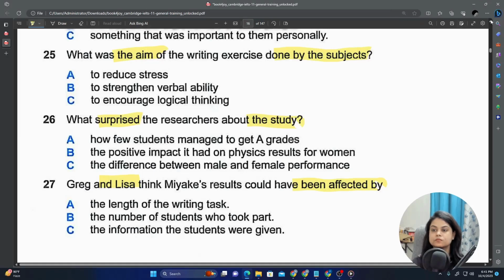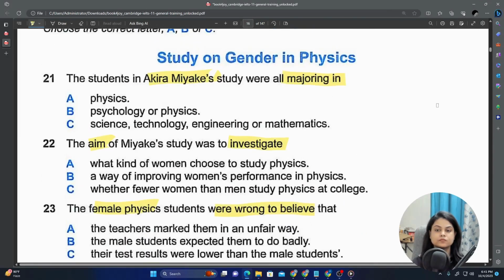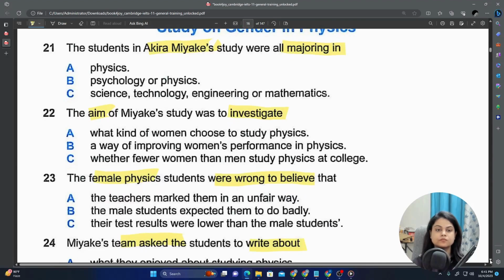Okay, Greg. So I finally managed to read the article you mentioned. The one about the study on gender in physics. About the study of college students done by Akira Miyake and his team. Yeah, I was interested that the researchers were actually a mix of psychologists and physicists. That's an unusual combination. Yeah.